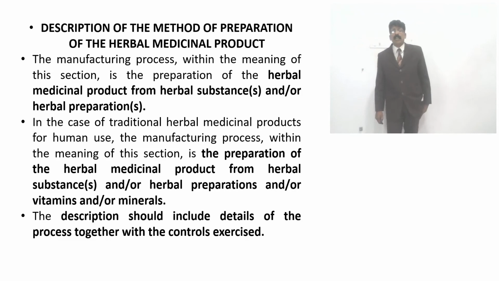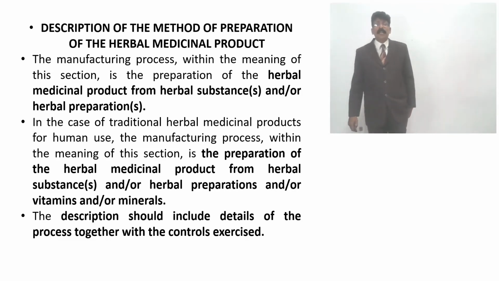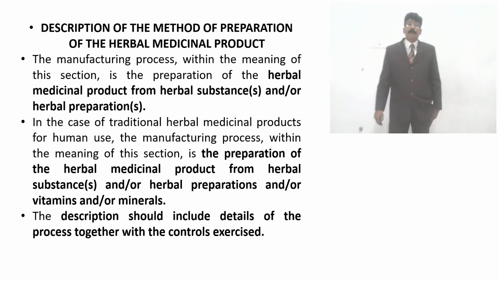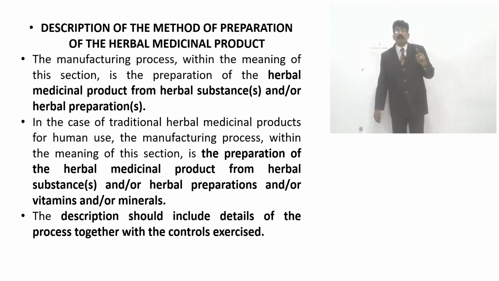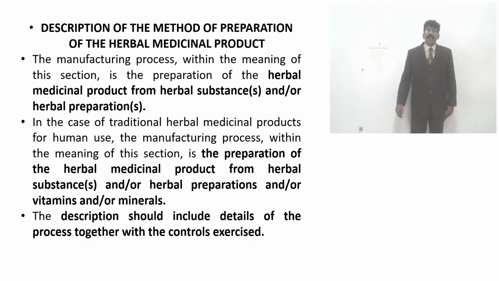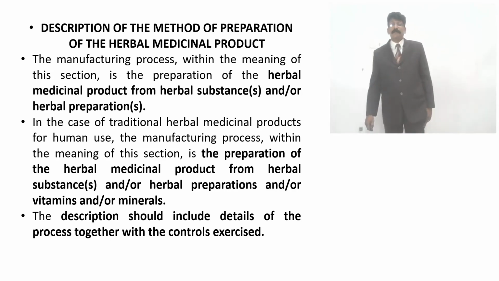The manufacturing process within the meaning of this section is the preparation of the herbal medicinal product from herbal substances and or herbal preparations. In the case of traditional herbal medicinal products for human use, the manufacturing process is the preparation of the herbal medicinal product from herbal substances and or herbal preparations and or vitamins or minerals. The description should include details of the process together with the controls exercised.